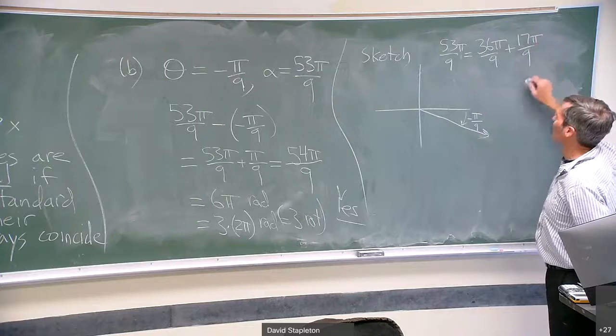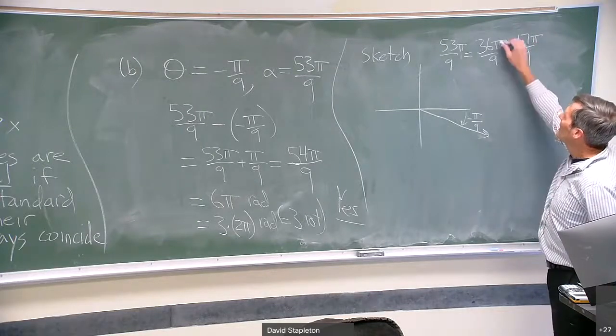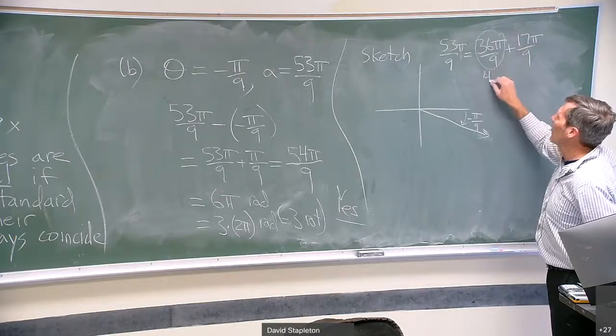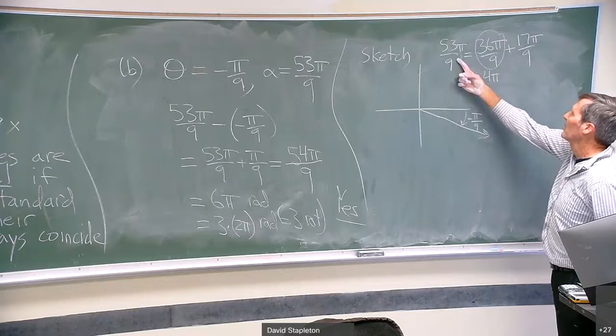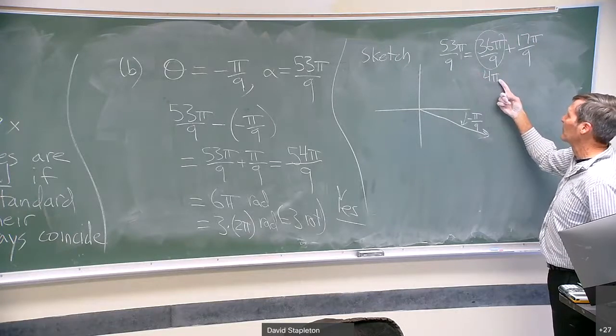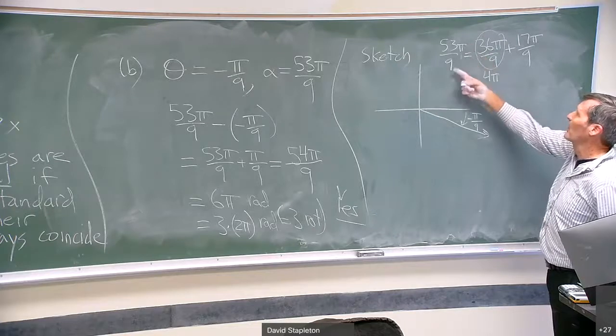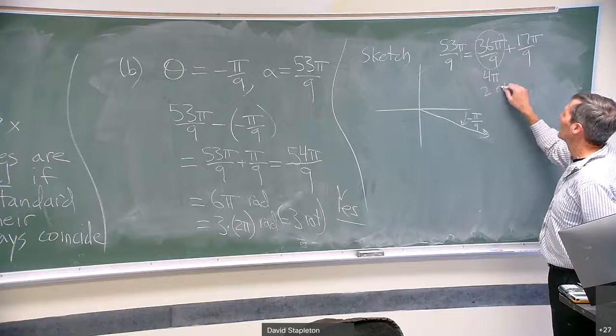Why did I break it up like that? This is actually kind of hard to figure. You saw me hesitate a second. It's because 36 pi over 9 is equal to 4 pi. It's the largest multiple of 2 pi I can put into this. If I put 6 pi, the next multiple of 2 pi, that's 54 pi over 9. That's too big. So I can say this is 4 pi, 2 rotations.